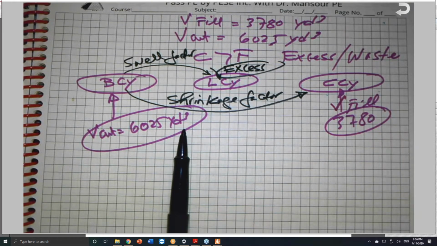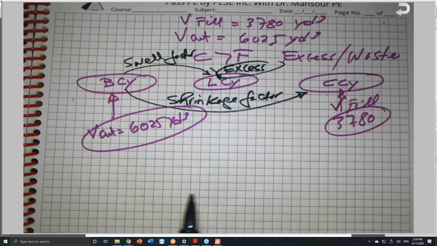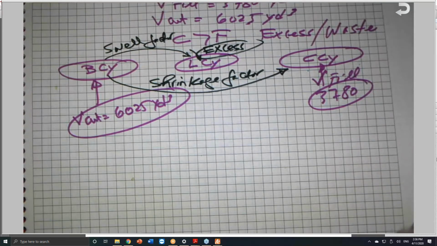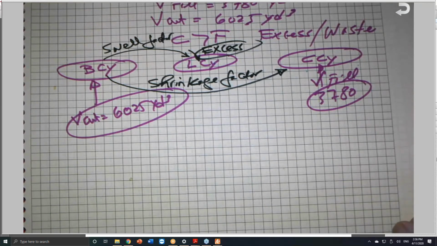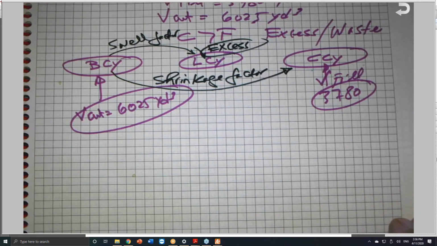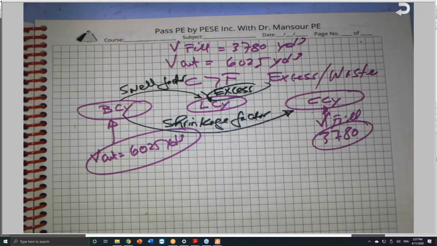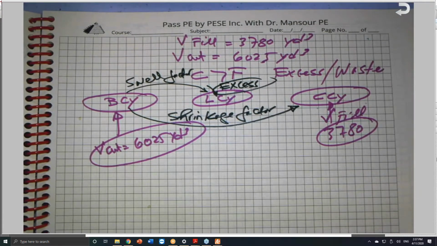And they're so tricky, sometimes they are so tricky on the exam. So we need to convert one to another.